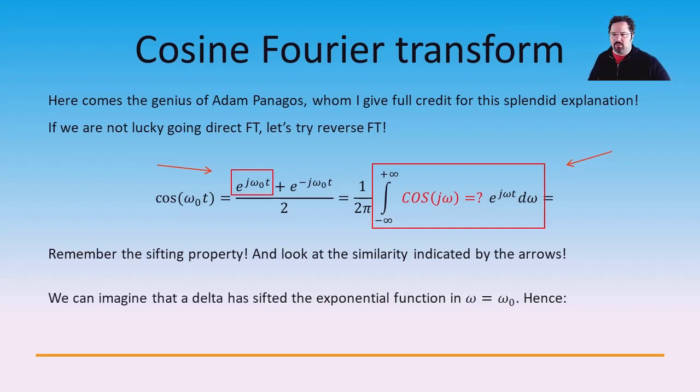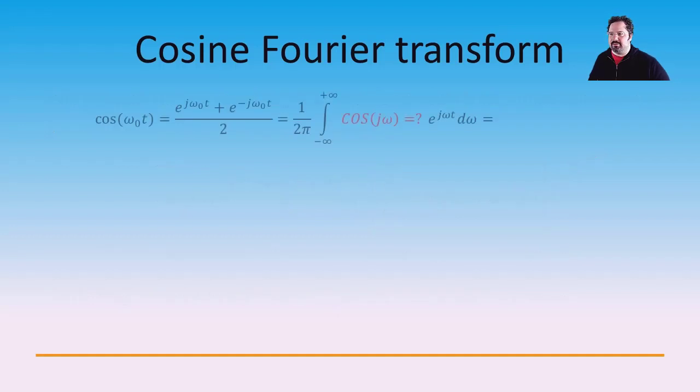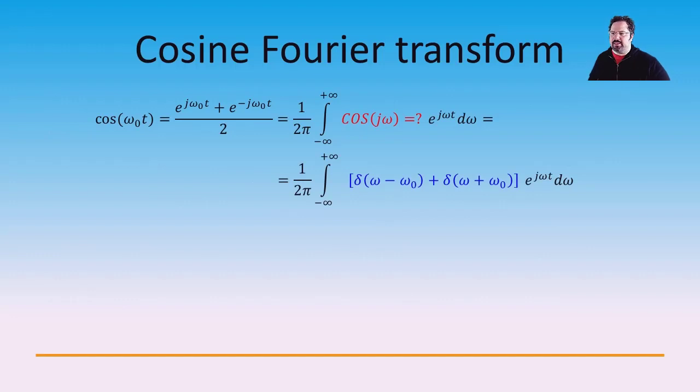So somehow we can imagine that a delta has shifted the exponential function to ω equal to ω0. Hence, in the same expression, we can write a delta function both for the positive exponential and the negative exponential, and then insert a π to cancel the one given by the integral.